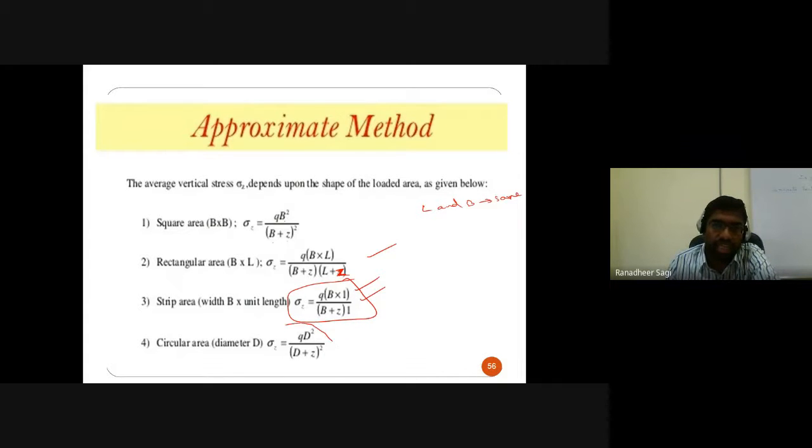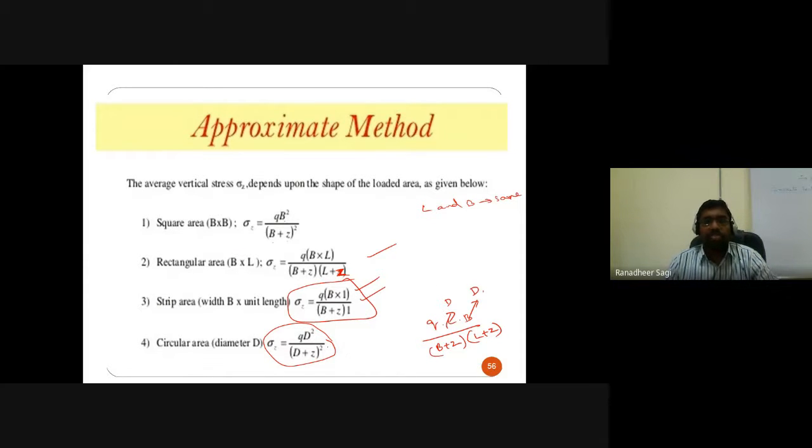In the case of a circular footing, the width or length of the footing is indicated in terms of the diameter. So automatically Q into L into B by B plus Z into L plus Z, which we have derived previously, with L replaced by D and B replaced by D, gives Q into D square by D plus Z whole square.